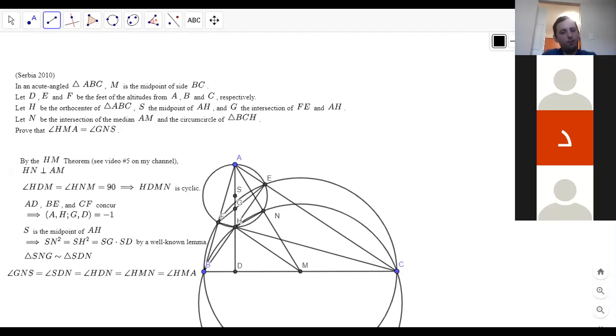Interesting. Yeah, I proved it once a while back. Basically, you have to use the fact that A, H, G, and D are in harmonic conjugation. These two facts together mean that SH squared is SG times SD. Yeah, this step right here, right?